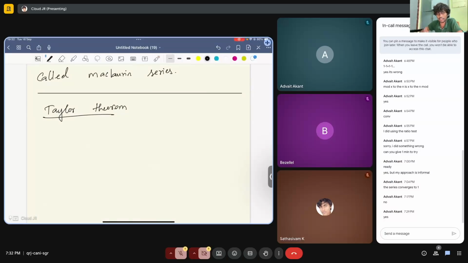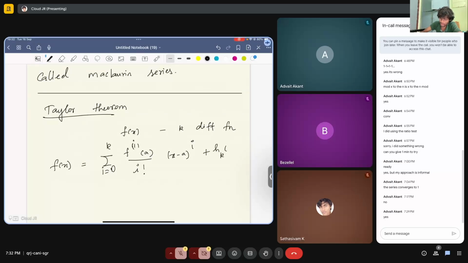So what Taylor says is, suppose you have an f of x which is a k times differentiable function, then your f of x is nothing but the Taylor term here, at least the partial sum in the Taylor term, with the i factorial here, times (x minus a) power i. Plus there is something called an error term.